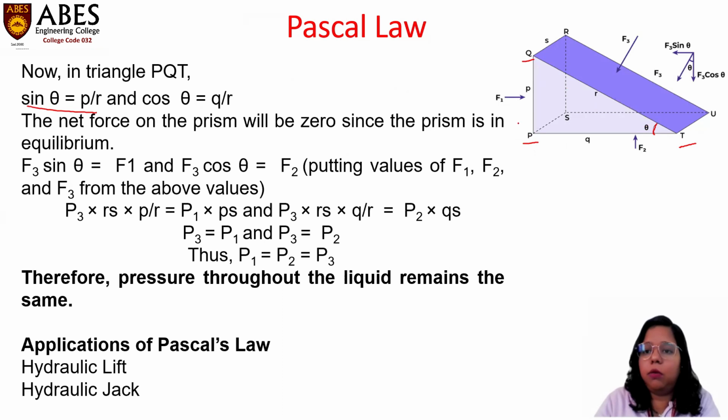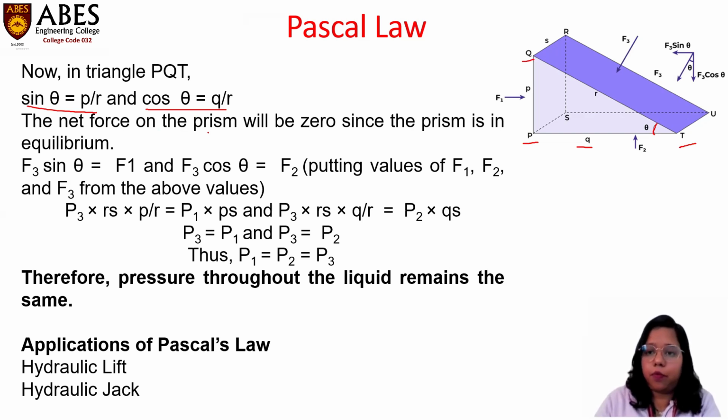Sine theta is equal to p divided by r, and cos theta is equal to q divided by r. So here we calculated sine theta and cos theta by using the triangle PQT. The net force on the prism will be equal to 0, as this prism is in equilibrium condition.